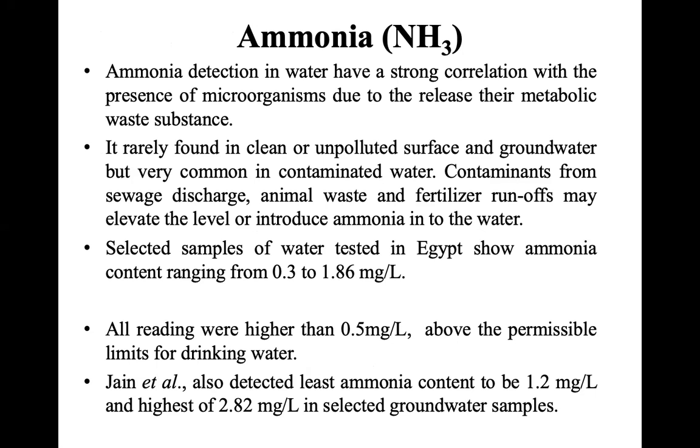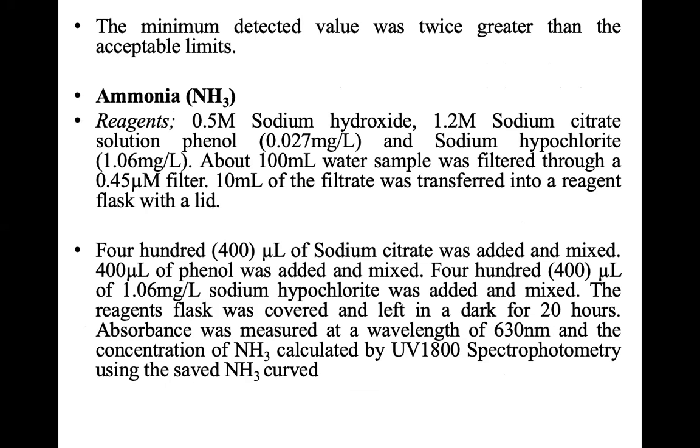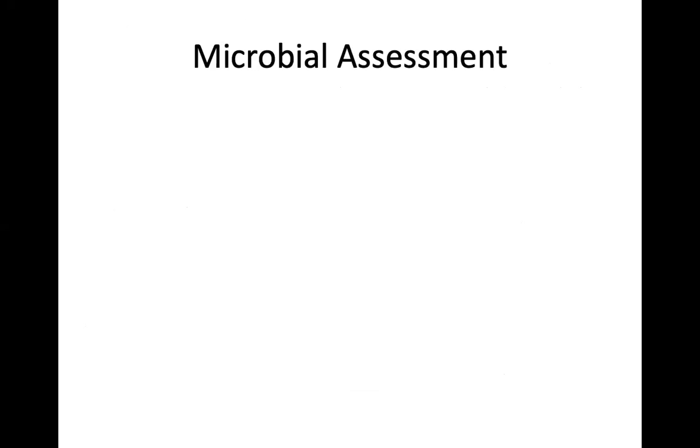A water body with high ammonia content means that the water has a high level of microbial contaminants present as they continue to release metabolites, and this can impact the ammonia and even the odor. And this is how ammonia is also determined experimentally. Here, I want you to rely on the knowledge of environmental chemistry you did to help you determine this ammonia.